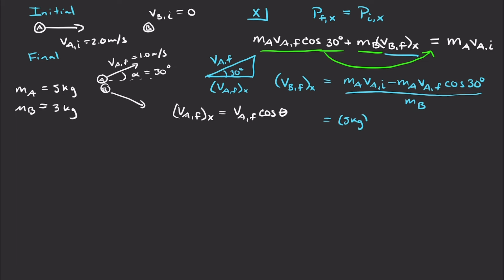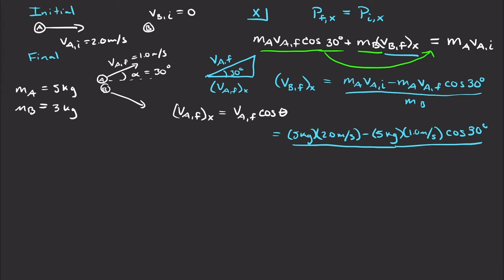So 5 kilograms times 2 meters per second minus 5 kilograms, so you could factor out the mass if you wanted to, times 1 meter per second, and then times cosine of 30, all divided by 3 kilograms.